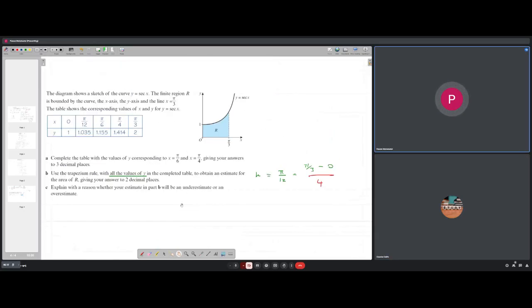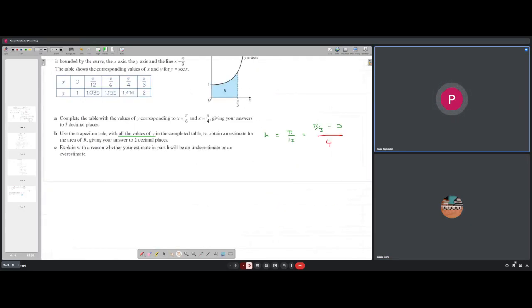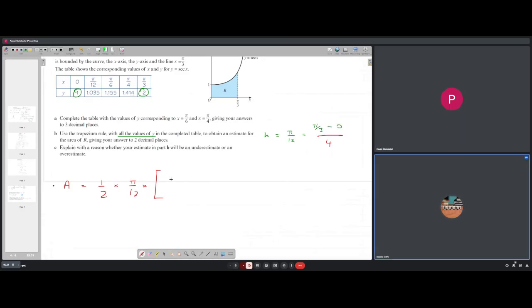Okay, so now we know h. That's probably the most difficult part of the question done. You have a half times h, which is pi over 12. And then you can start putting in your massive brackets. So remember what you do. You take the first value and the last value. You add them together, okay?